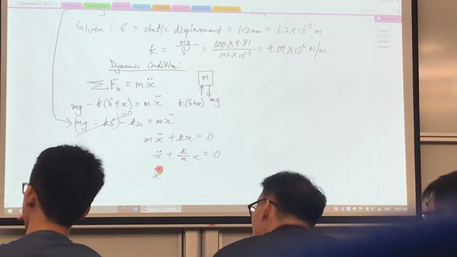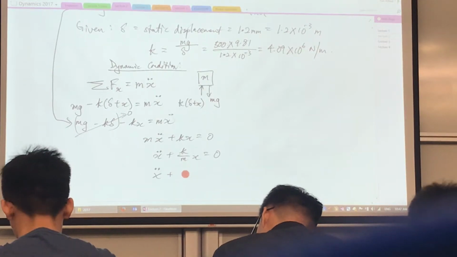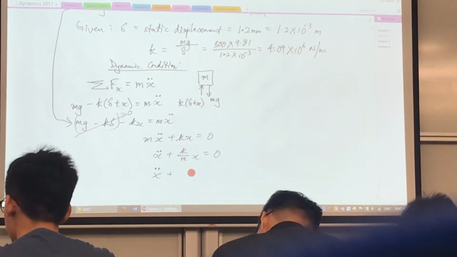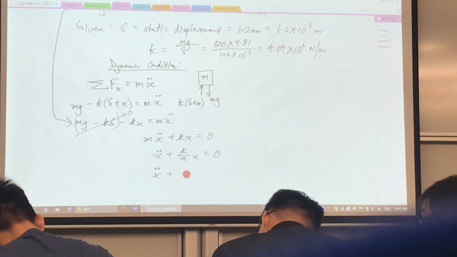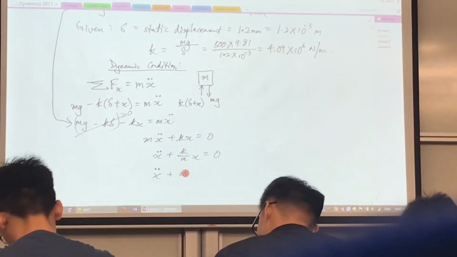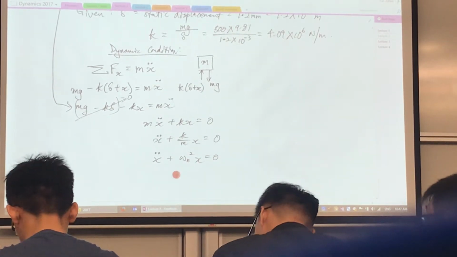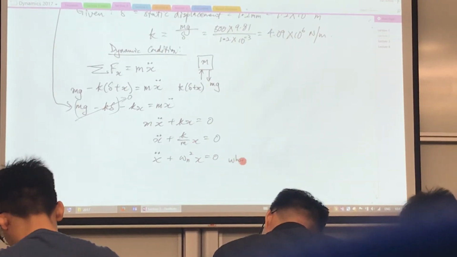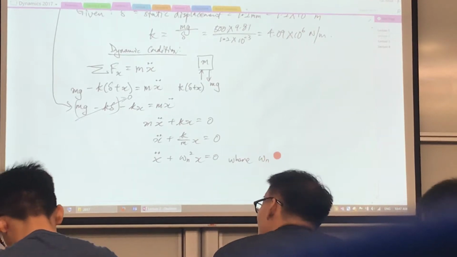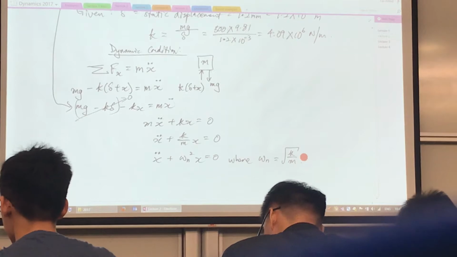And we know that this kind of expression is an undamped mechanical system. So this is the same as this expression, where omega n is now equal to square root of k over m.